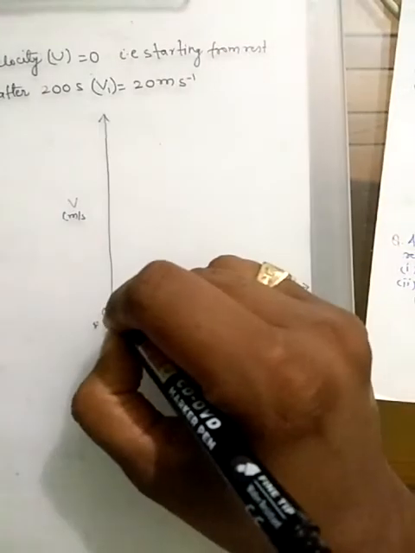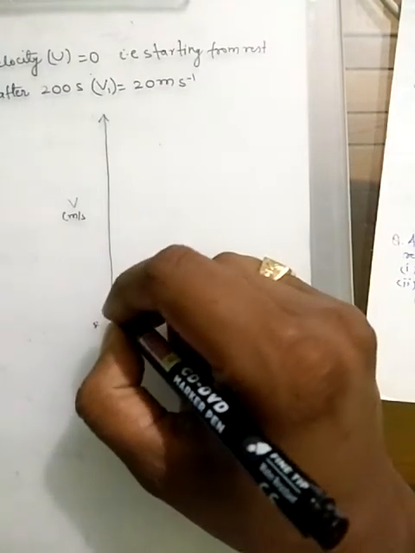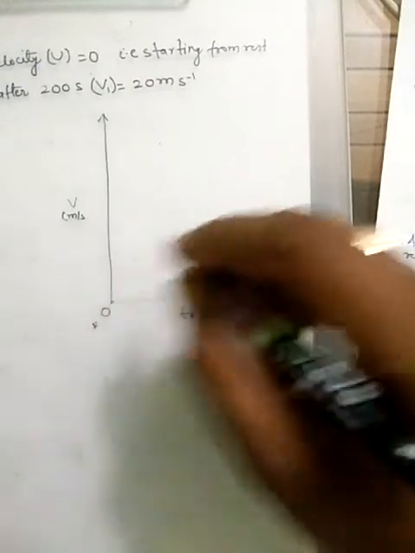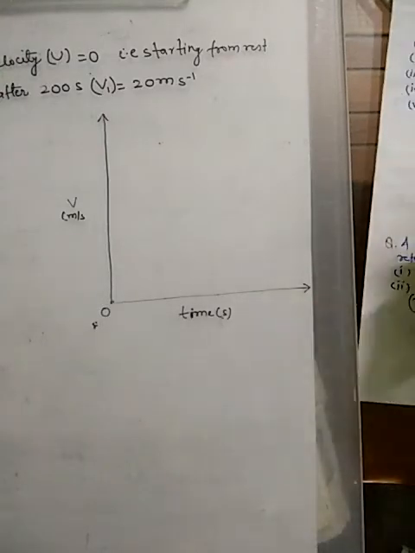As given in the question, the initial velocity of the train is 0, that is it starts from the origin and it picks up a speed of 20 meters per second in 200 seconds.